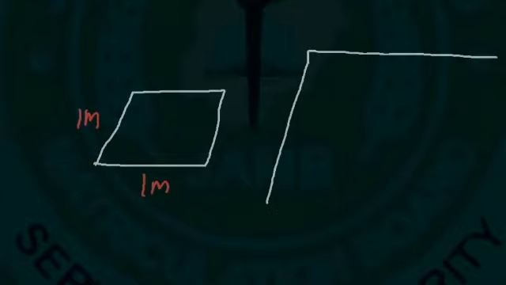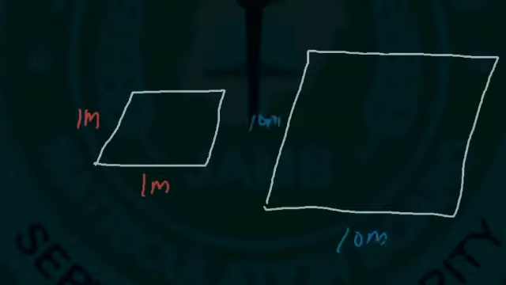Now let's go over the concept of pressure. So let's say we have a square that is 1 meter by 1 meter, and we have a larger square that is 10 meters by 10 meters.